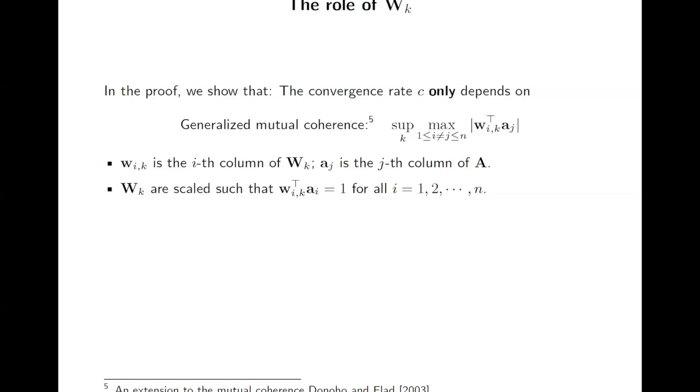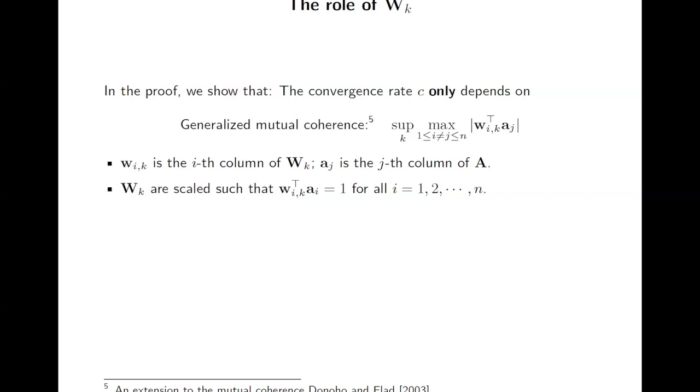This quantity measures the maximal term of the off-diagonal terms of W transpose A, because W_i^k means the ith column of W^k, and A_j means the jth column of A. These are off-diagonal terms because we assume that i is not equal to j.